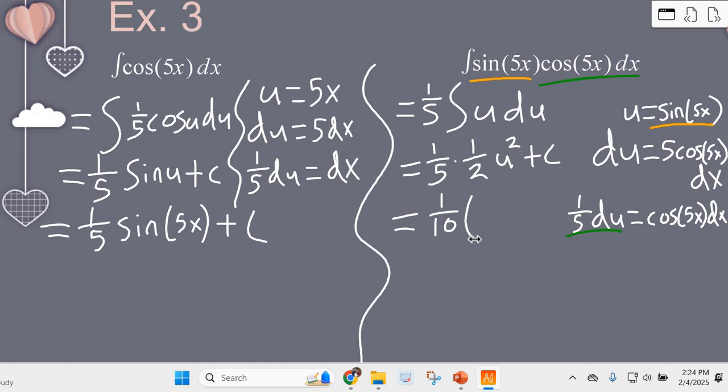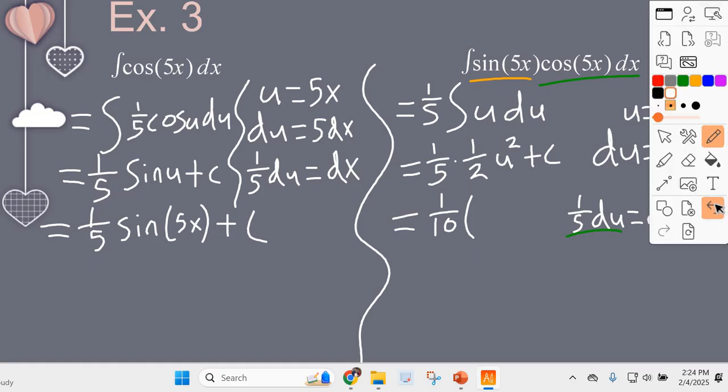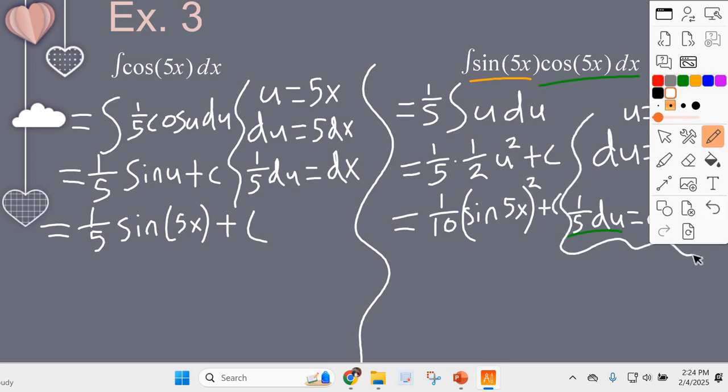Sine of 5x. And that's now being squared. So we can either write it like that, or most of y'all probably write it as sine squared of 5x, which is also fine.